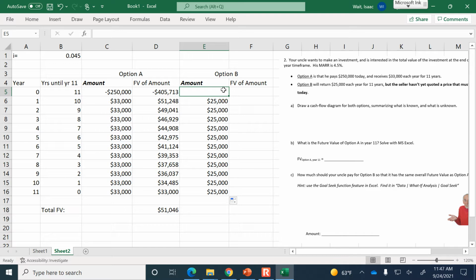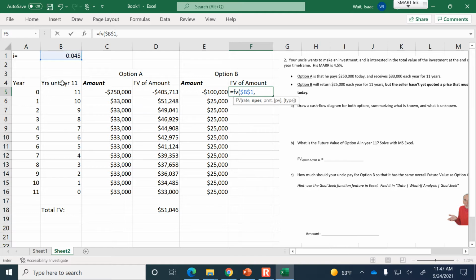Let's just put in a guess. Maybe the guess is it costs $100,000. Oops, that's $10,000. One more zero needed. All right, $100,000. All right, let's do the future value function again. Equals FV, our interest rate reference.